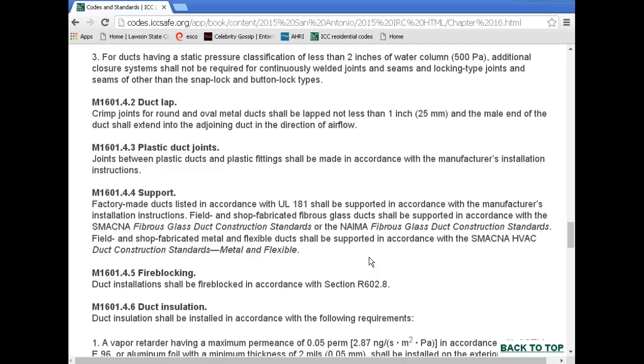Field and shop fabricated metal and flex ducts shall be supported in accordance with the SMACNA HVAC duct construction standards. See, this is putting y'all in a bind. Y'all don't have this text. This is what it said in 12. This is what they changed from.